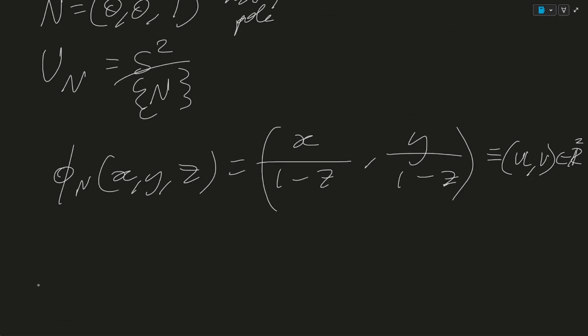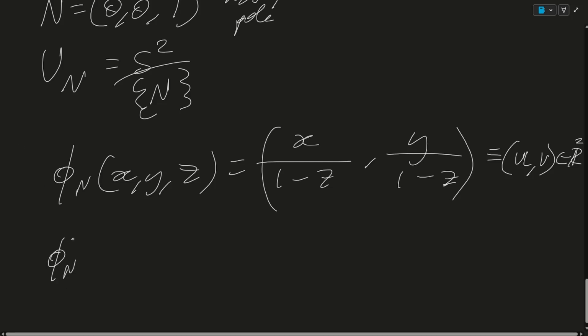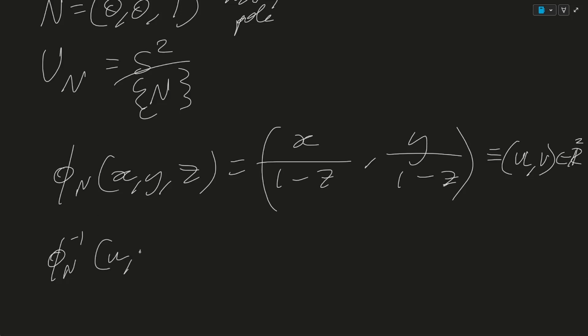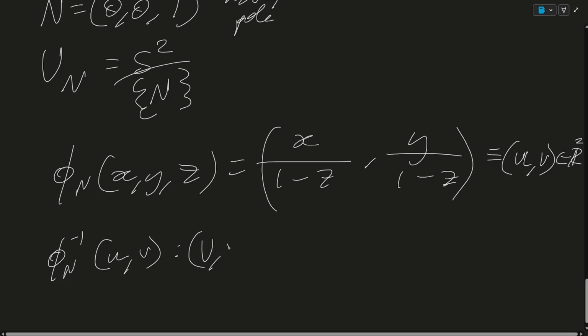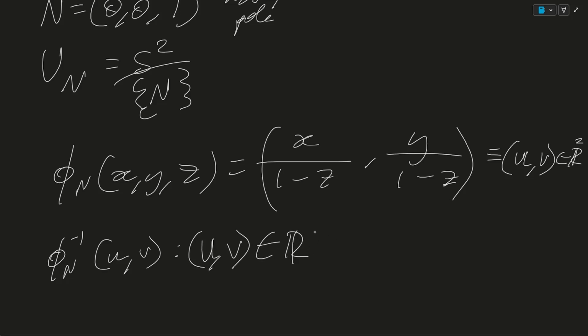So now we can map back through phi_N inverse. (u, v) in R squared goes back to S2.